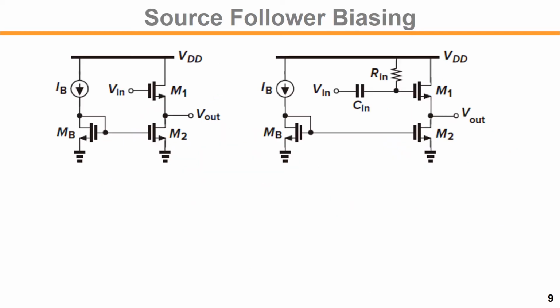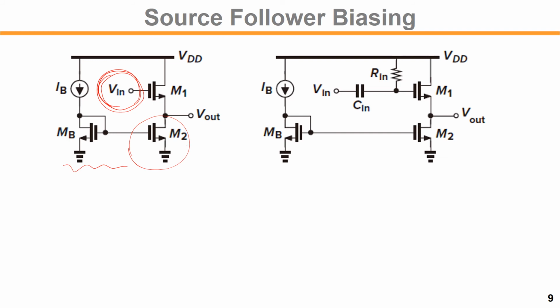For the source follower shown on the left, we know the current source on the bottom can be implemented by a current mirror. But for the input bias, we have to make sure that the input common mode is properly well defined, ensuring that M1 and M2 are both in saturation.